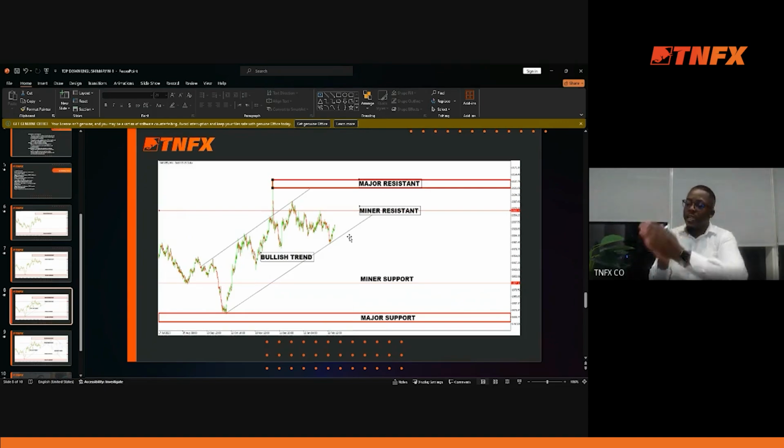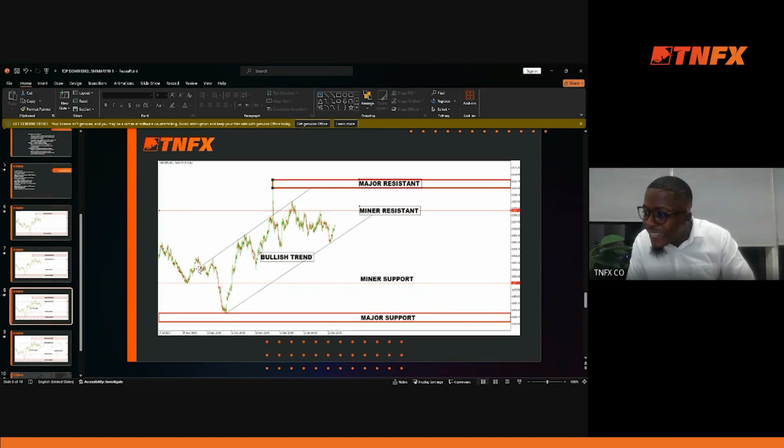At this point, as you can see, I've got two trend lines that I've drawn on my chart to indicate that the market is currently trading on a bullish trend. But now, how do you confirm your trend line when you draw it?